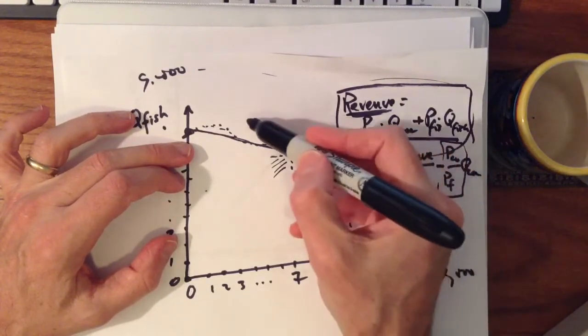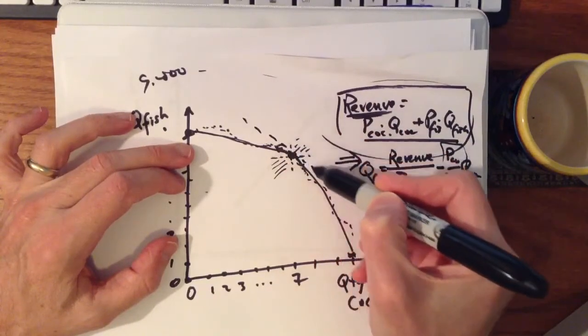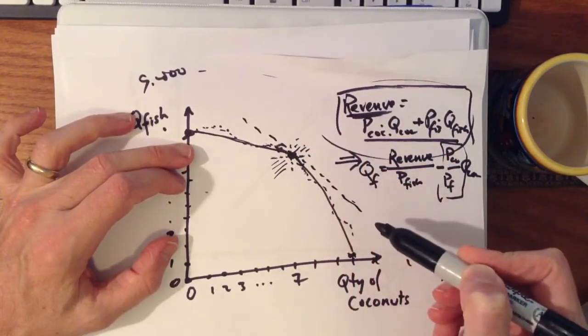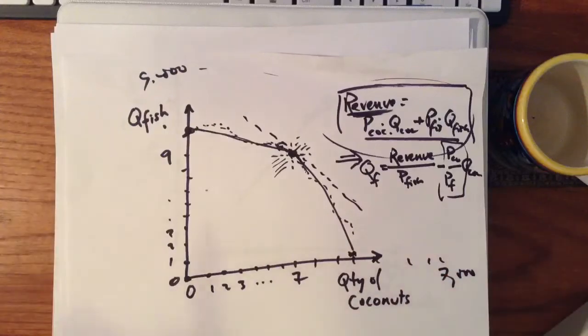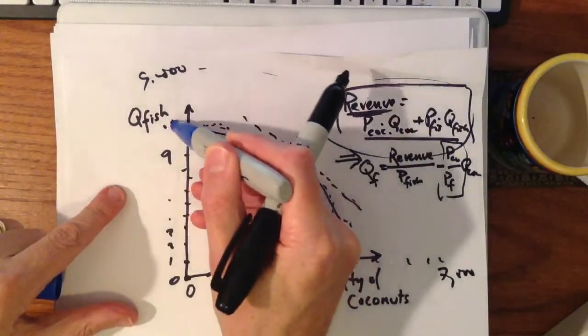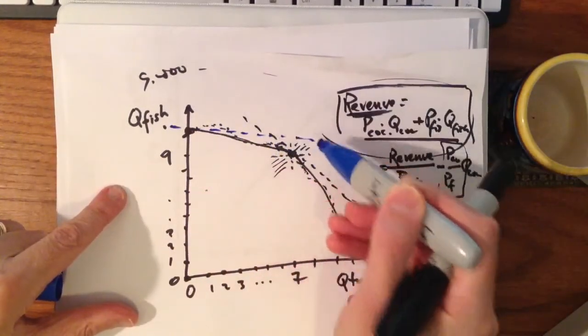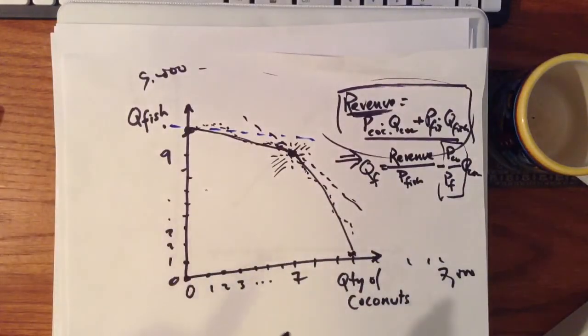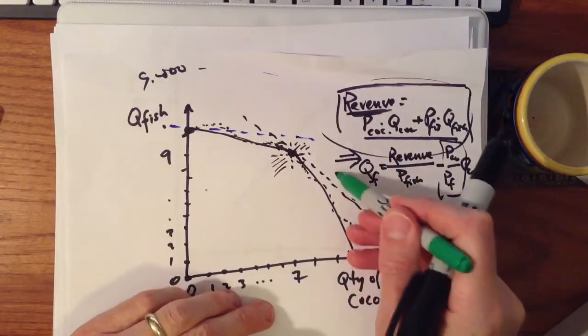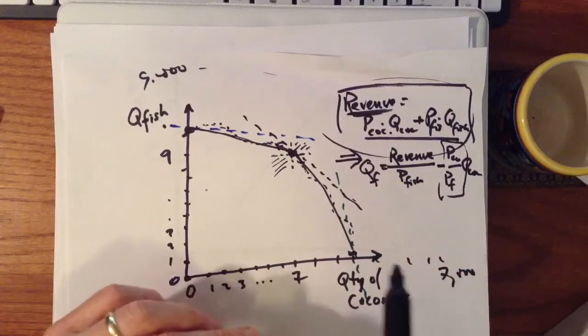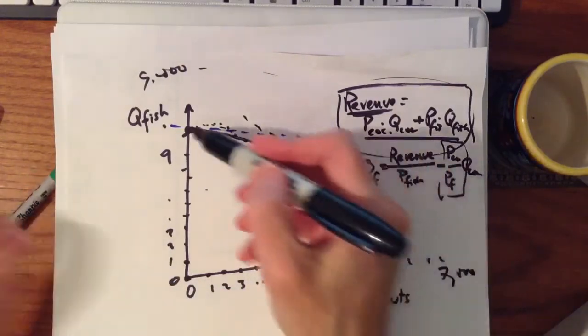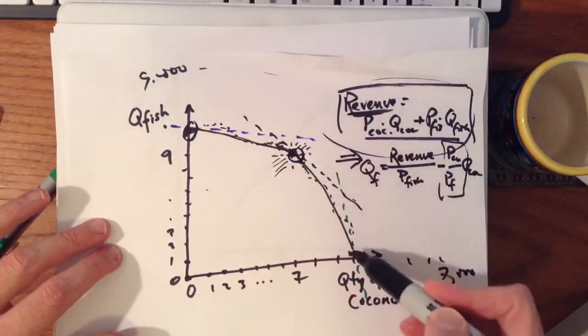But the point is that these lines show revenue, and I might, under different circumstances, have a blue revenue line, or even perhaps a green revenue line. And each of those different circumstances would lead me to choose a different point along here.